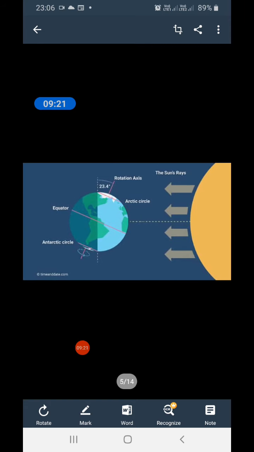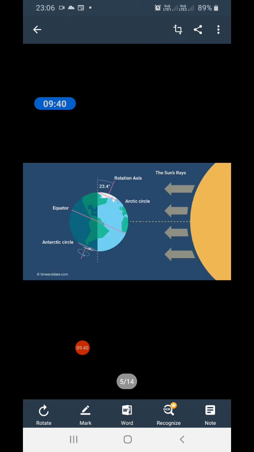And you will see in this diagram, I've tried to show you, that the axis is vertical, and from the axis, the Earth is tilted away 23.5 degrees and is inclined at 66.5 degrees.